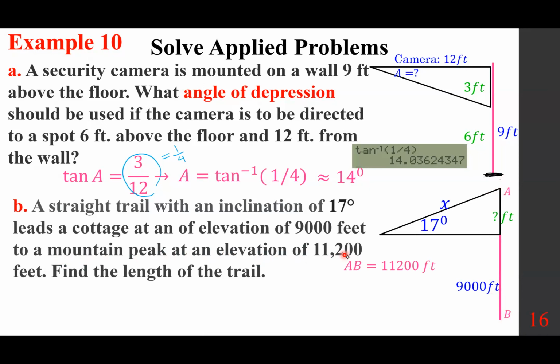That's the setup. In many cases, you do have the picture. In some cases, you have to come up with your own drawing. So after we come up with that, clearly this would be the difference between these two numbers.